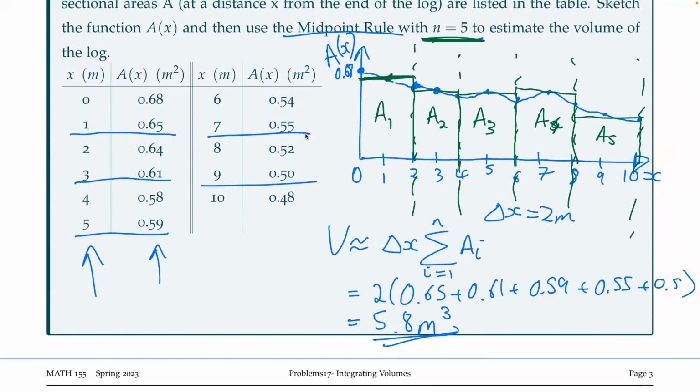So just to really make sure it's clear, I'm representing area as a function in one dimension here, right? But I'm not talking about the area of this rectangle. The area here is represented by this height. So I've labeled this as A1, but really the A1 is there, the A2 is there, the A3 is there, the A4 is there, the A5 is there.